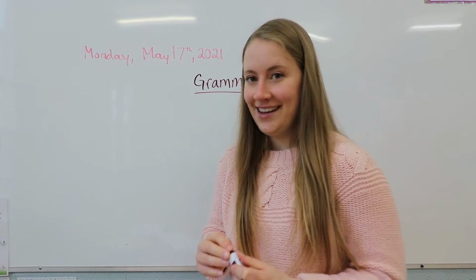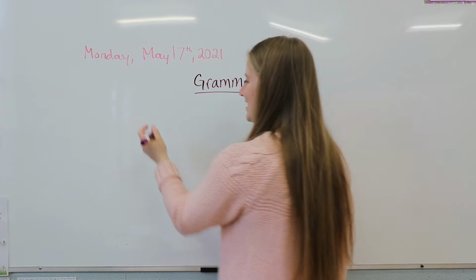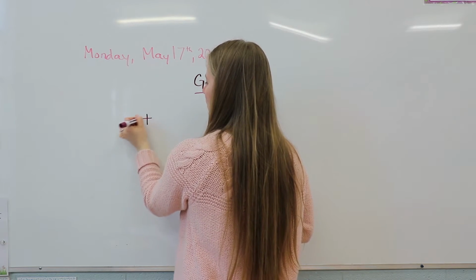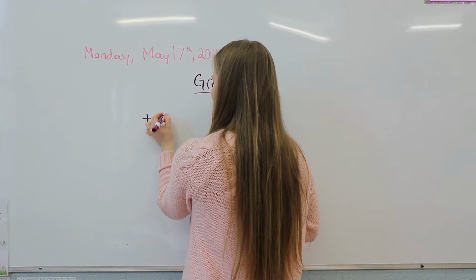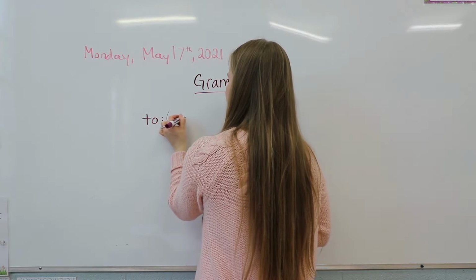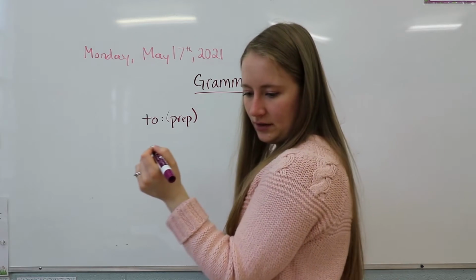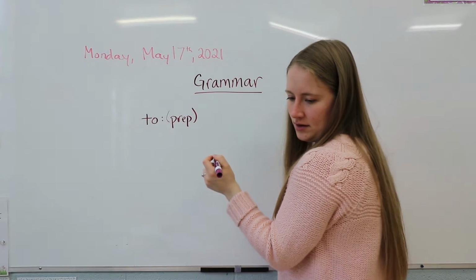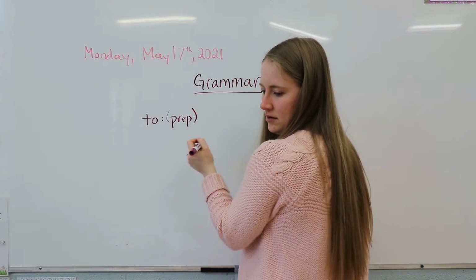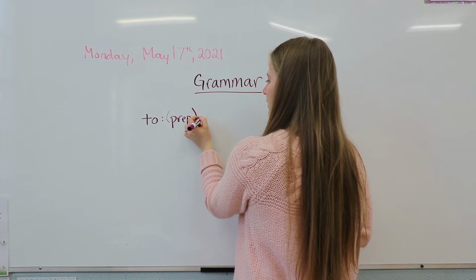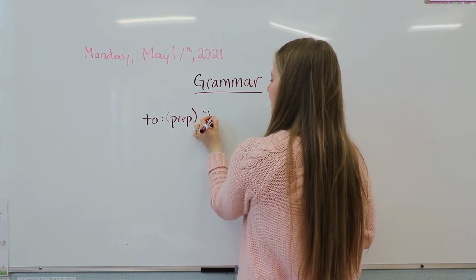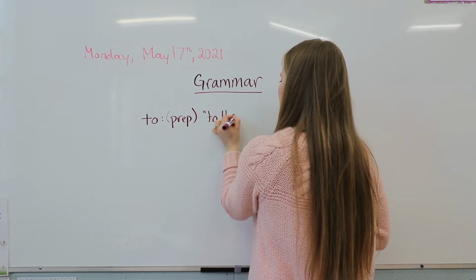Okay, let's write this down. So to, and I'm going to put this in brackets, is a preposition. And you would use it in like to the right.